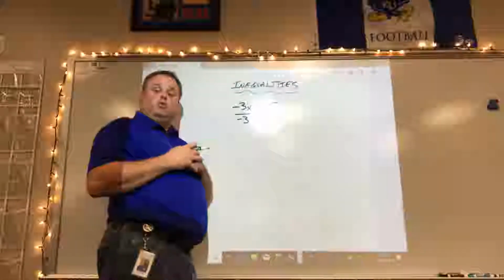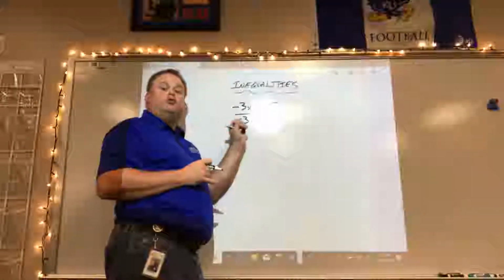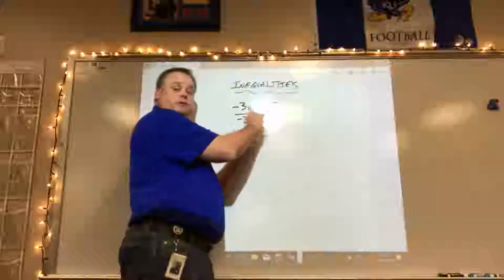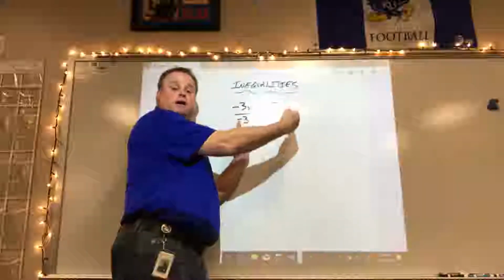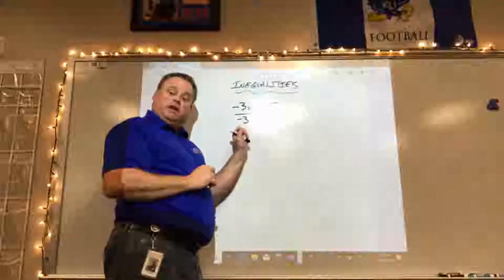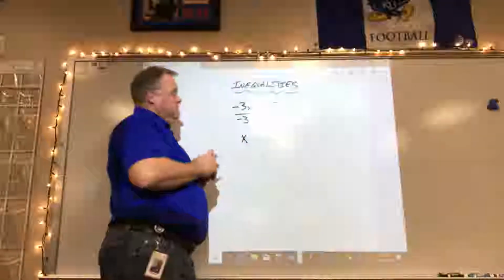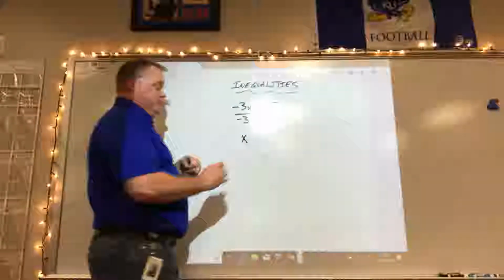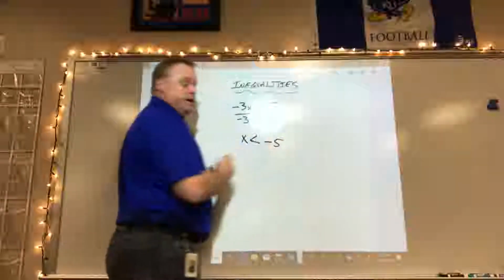Here's the difference. With an inequality, if I divide or multiply by a negative number across it, which means if I do it to one side, I have to do it to the other, then this inequality sign, which is greater than right now, has to become less than and be negative 5.